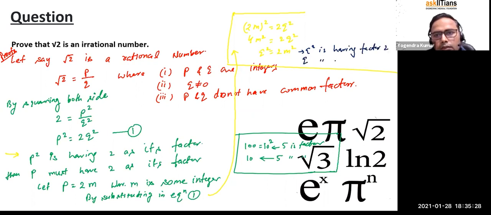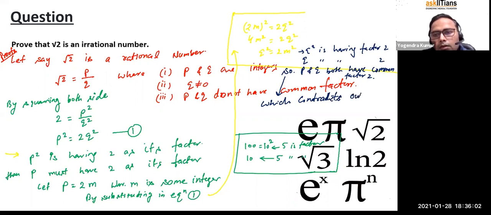So q has factor 2, which means finally p and q both have common factor 2, right, which contradicts our statement that root 2 is rational.